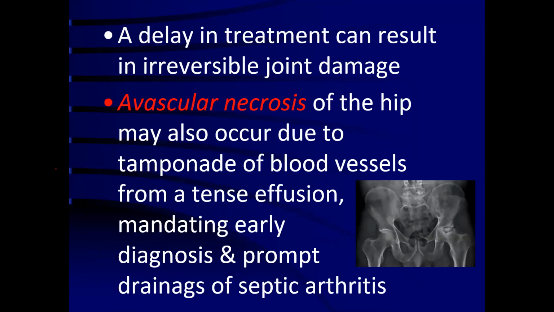A delay in treatment can result in irreversible joint damage. Avascular necrosis of the hip may also occur due to tamponade of the blood vessels from a tense effusion, mandating early diagnosis and prompt drainage of septic arthritis.